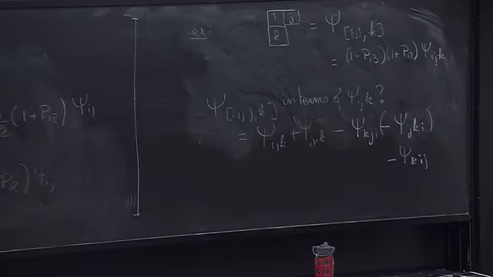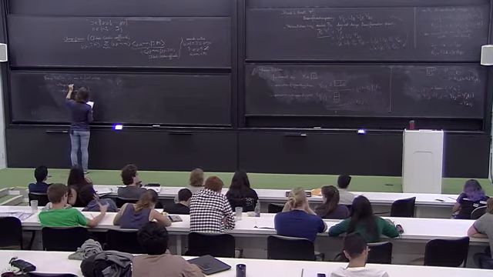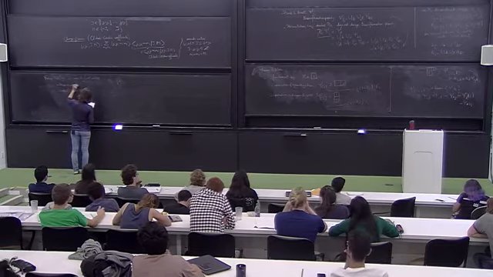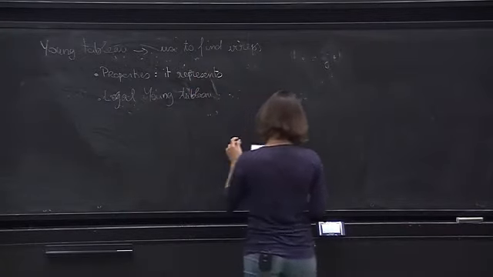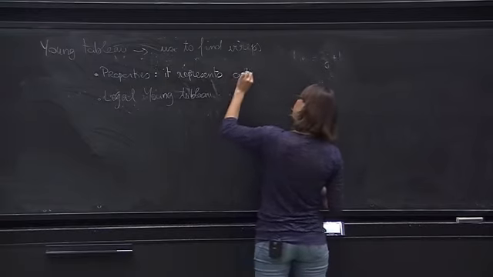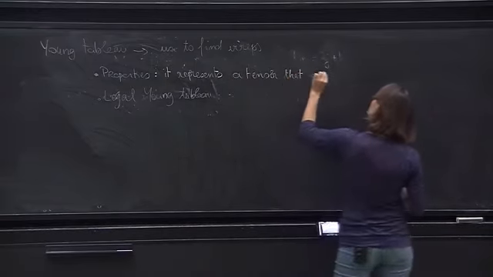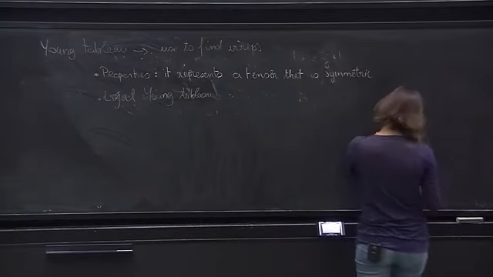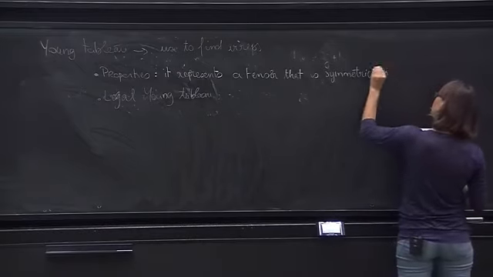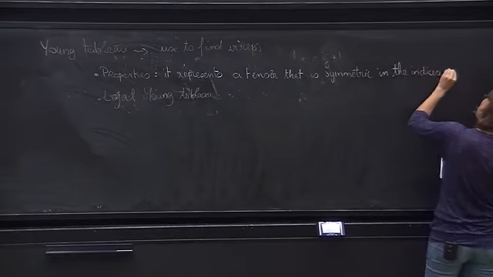Okay, so let me just give you the properties. A Young tableau is going to represent a tensor that is symmetric in the indices in each row.